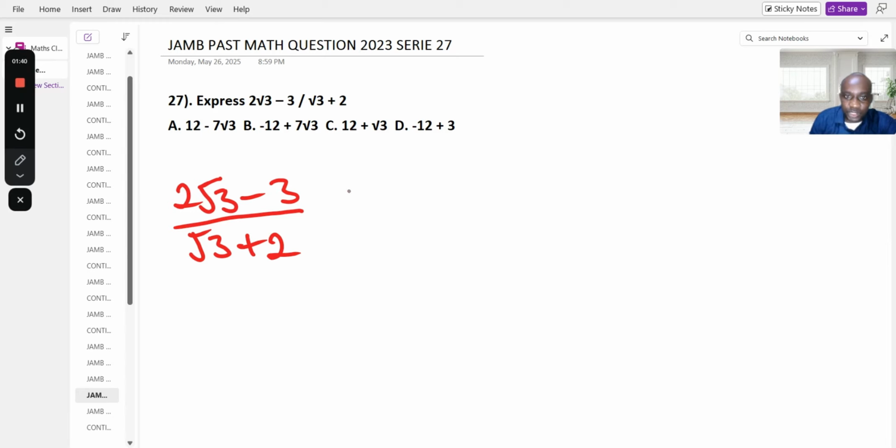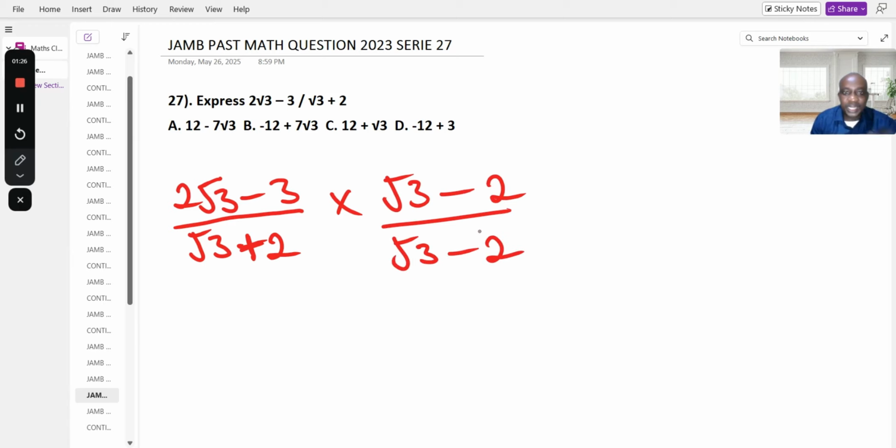The sign here that is plus, we are going to change it to minus if you want to multiply them. Square root of 3 minus 2 over square root of 3 minus 2. Now, let's multiply this together. How are we going to do it?